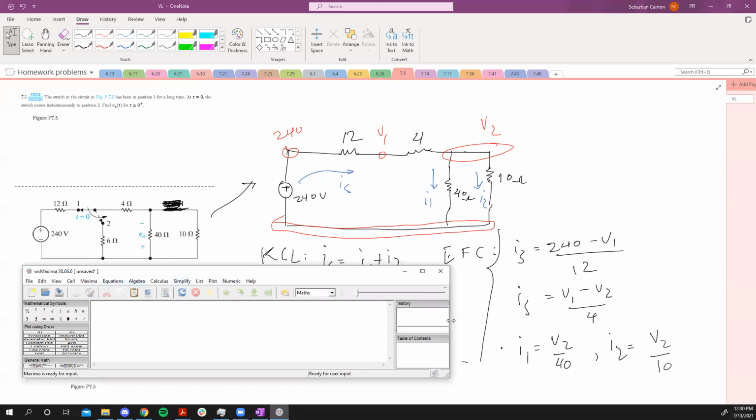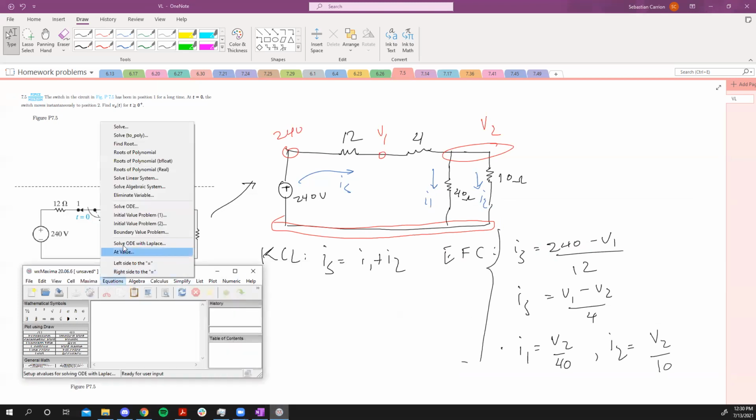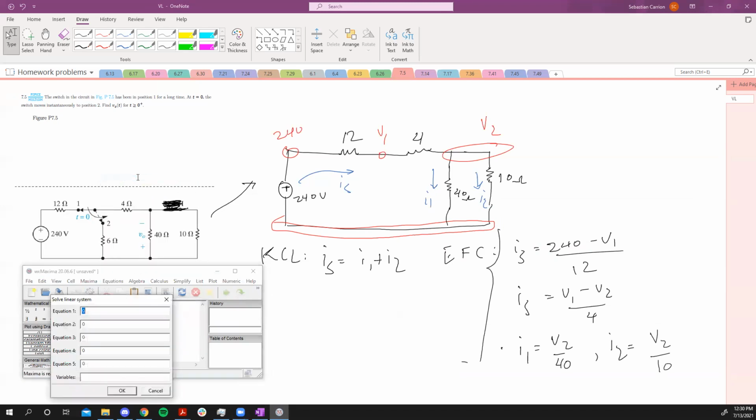So we can go ahead and do this. IS equals I1 plus I2. IS equals 240 minus V1 over 12.